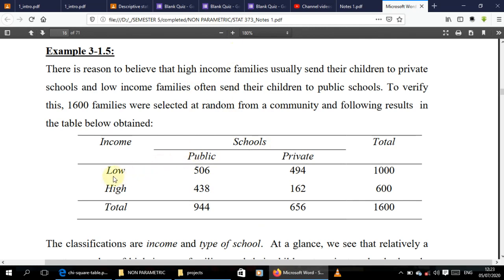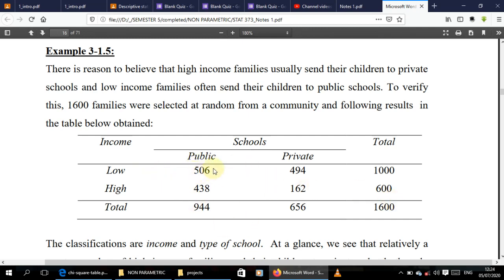Then we say that we selected, maybe they will fix this. Either they selected 500 private school students and maybe 600 public school students. They will fix those values, or they can fix that they selected 1,000 low income people and 600 high income people. That means they fix that. That is chi-square homogeneity. So this is a contingency table.